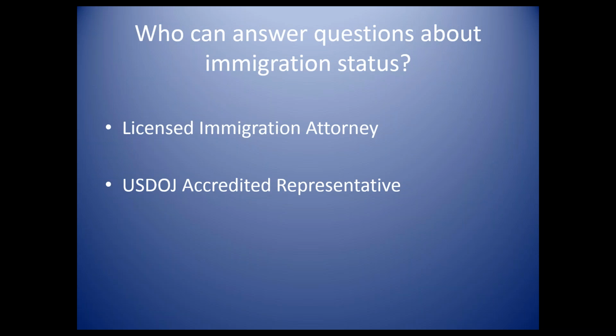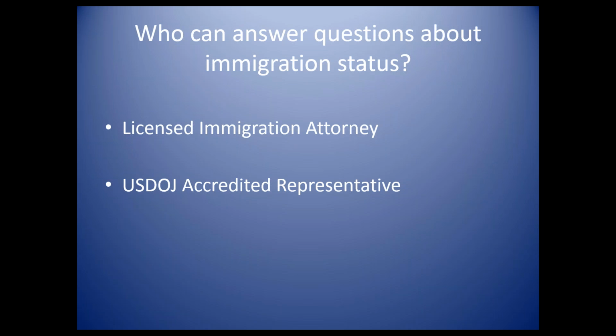And then the second option you have here is someone who's accredited by the U.S. Department of Justice. The special accreditation is sort of like being an attorney, but what it does is it gives you permission to practice immigration law only. Particularly, you have to do it in conjunction with a nonprofit organization, and it's really designed to provide immigration legal services for low-income folks.